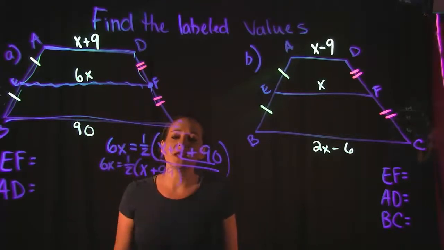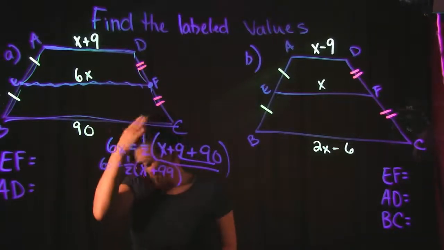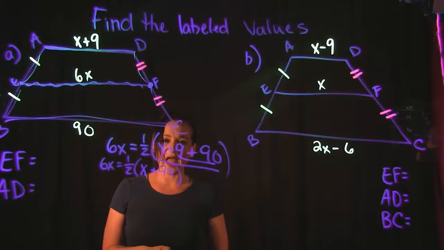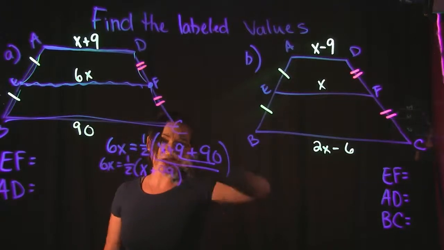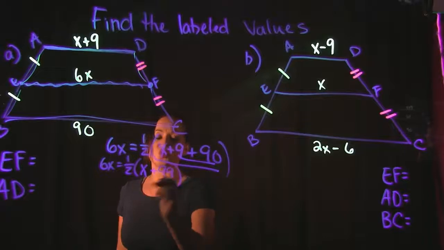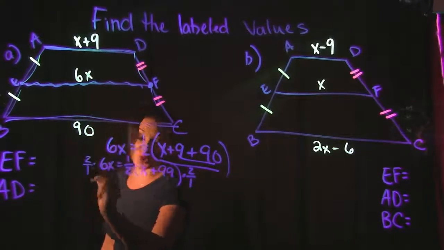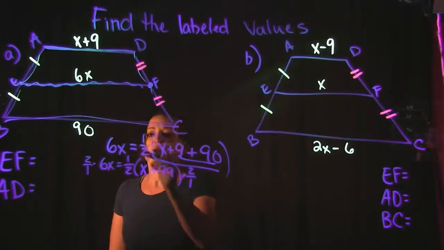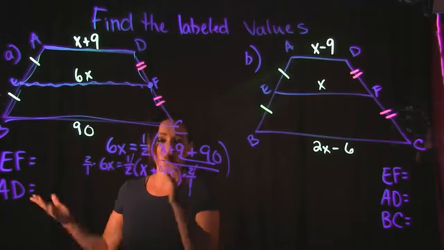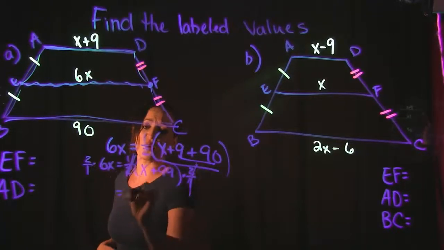To make this a little bit easier, I'm going to get rid of this fraction. Remember that you can get rid of a fraction by multiplying by its reciprocal. This fraction is 1/2. If I flip that fraction around, it's 2/1. I'm going to multiply both sides by 2 so I can get rid of this fraction and not have to deal with it. 1/2 times 2, half of 2 is just a 1, so those go away.